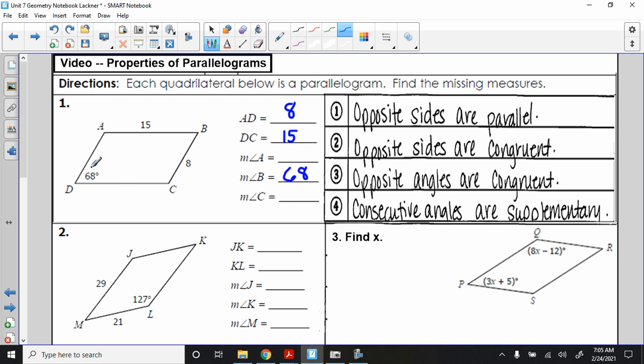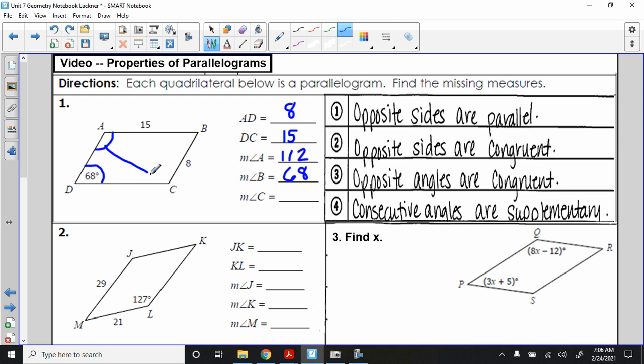That means angles directly next to each other, kind of neighborly, are supplementary, meaning they add up to 180. So these are not equal. If they're next to each other, they add up to 180. If they're opposite, they're equal. So that makes angle A 180 minus 68, which is 112.